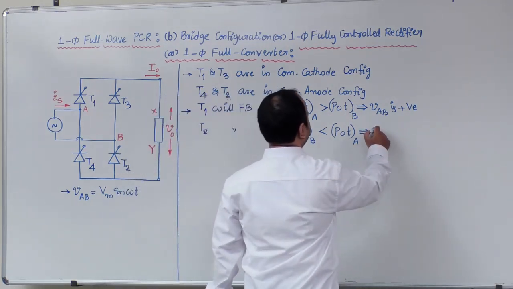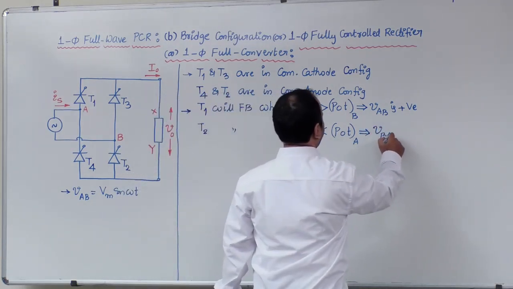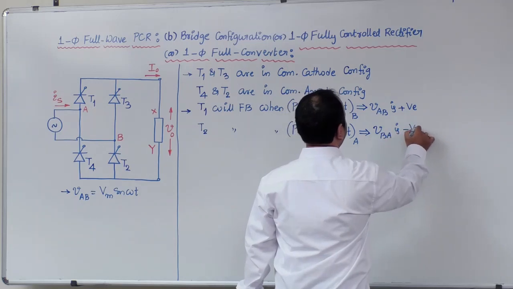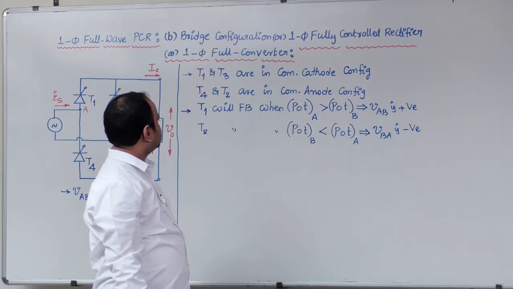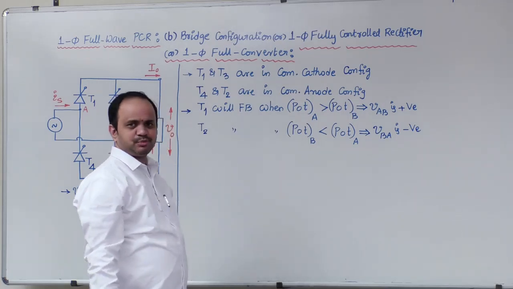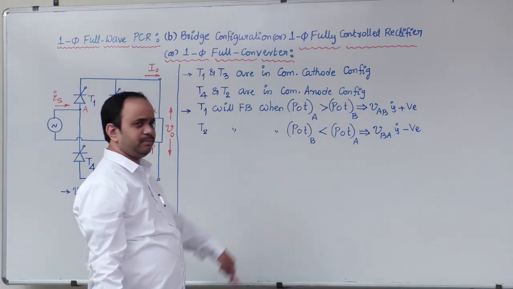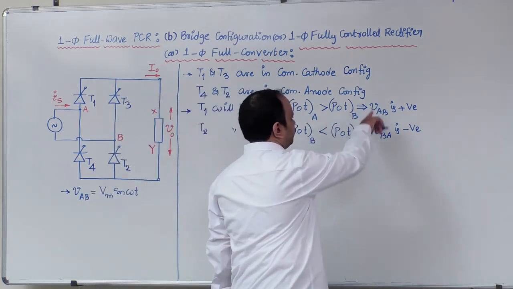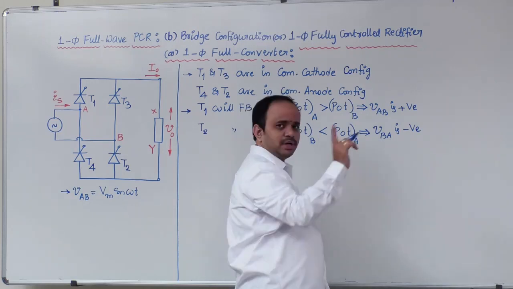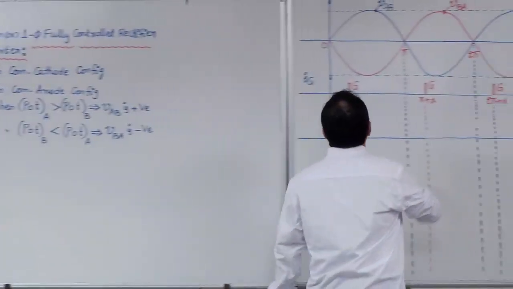So we can say here VBA is negative. So what do you mean by that? Whether VAB is positive or VBA is negative, these two conditions will be true. So let us look into the waveform.